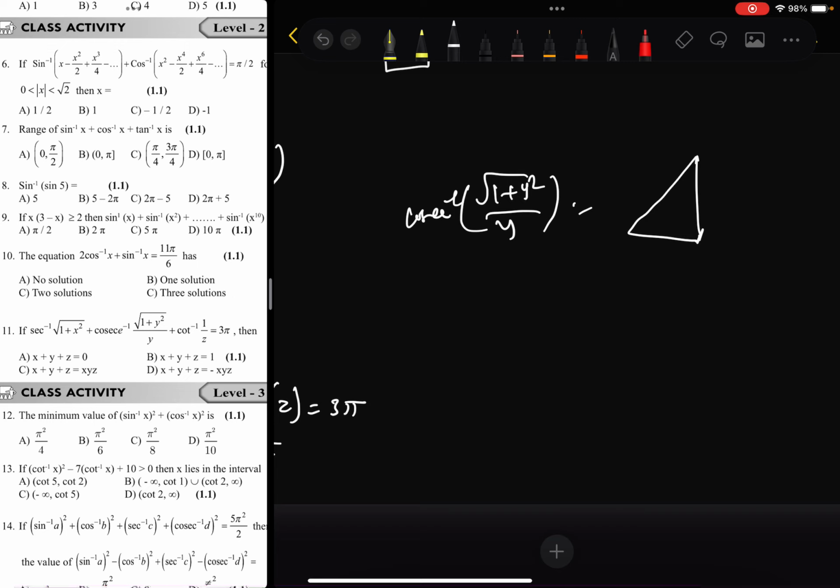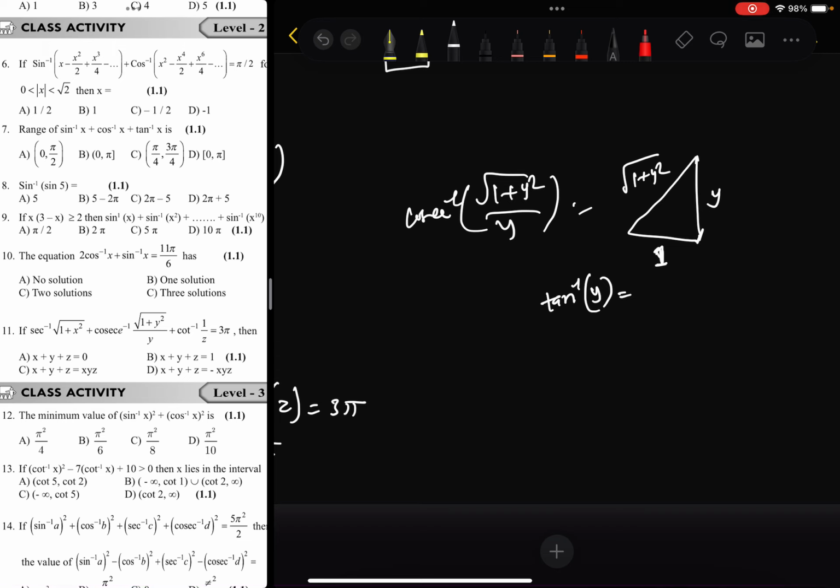Cosec is hypotenuse upon perpendicular. So square this and subtract, you will get 1 here, so the base is 1. So what is the value of tan inverse y? We will get tan inverse y as y by 1.